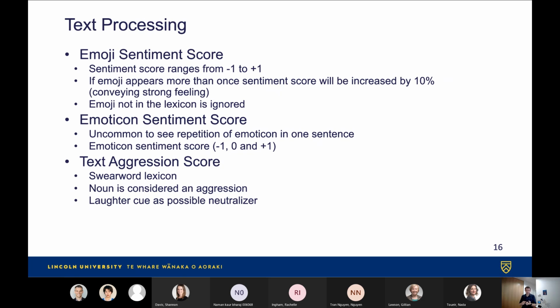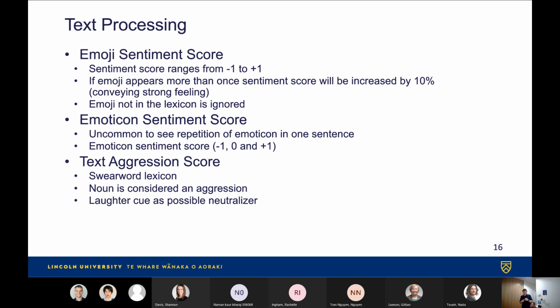Emoticons, in the analysis that we did, it was less common to see repetition of those, but we're still going through and doing the same sort of +1 or -1 sentiment analysis with those, and then going through and looking at the text and coming up with an aggression score.